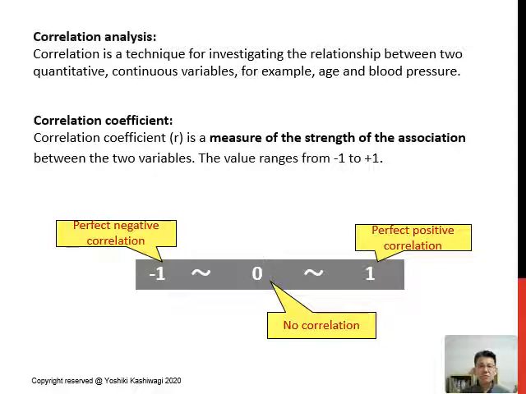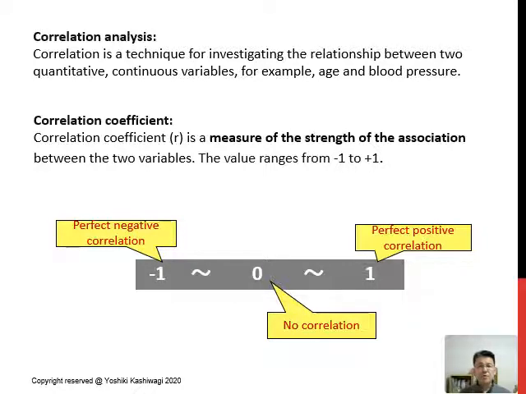Correlation coefficient is the parameter we use in the correlation analysis, but its range is only from -1 to +1. So this coefficient shows somewhere between -1 and 1.